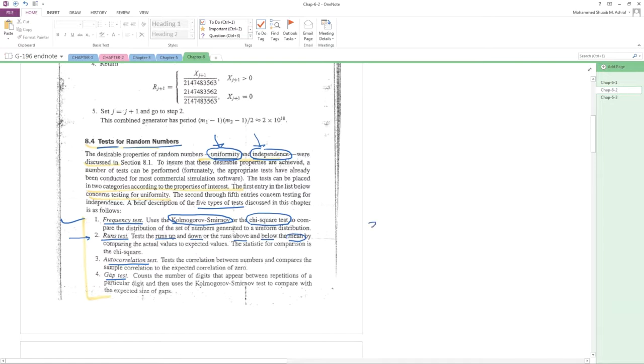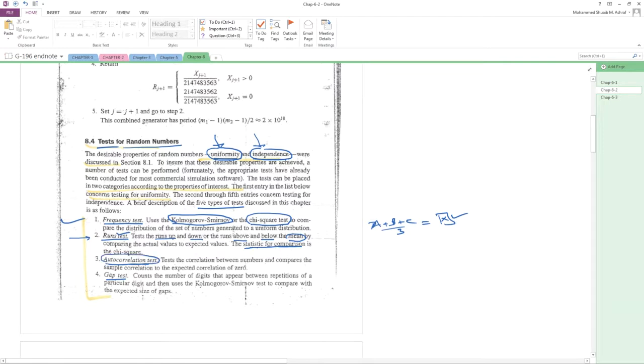The mean is like A plus B plus C divided by three, and some answer, let's say X. So we will calculate the mean, and based on the mean we will run the test. Then we will compare the result.